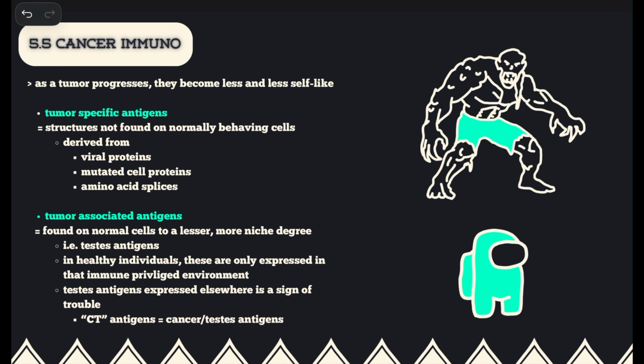So that's why I have this swamp monster mutant here. This is a smoking gun. If these are present on the cell membrane, obviously, if there's a mutant on the cell membrane, something's wrong, right? This is a dead giveaway.